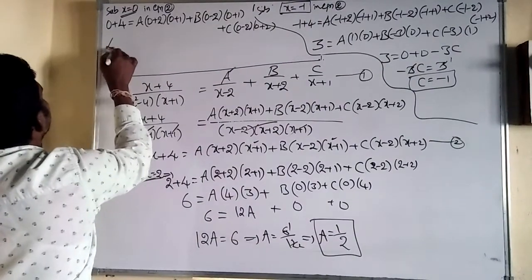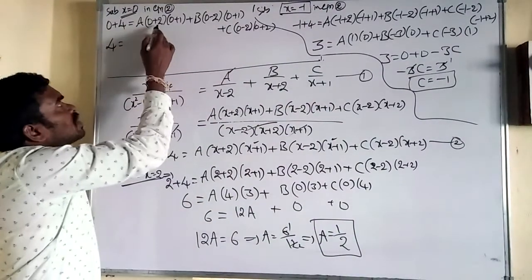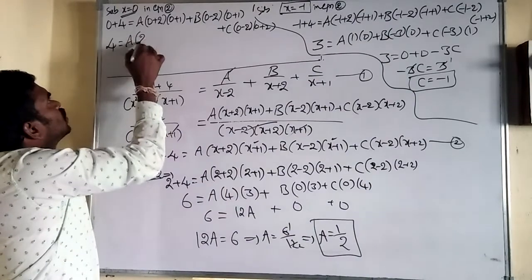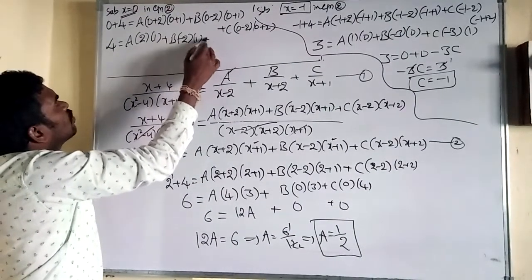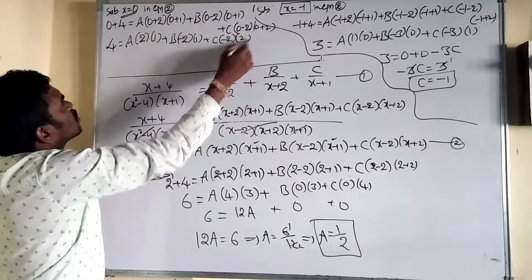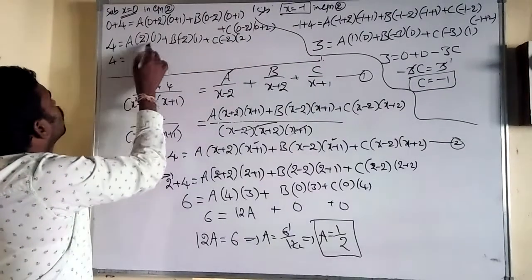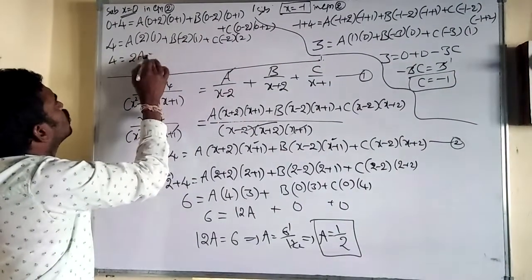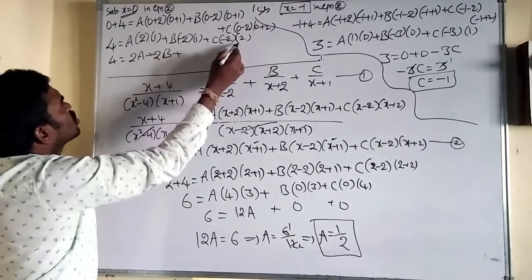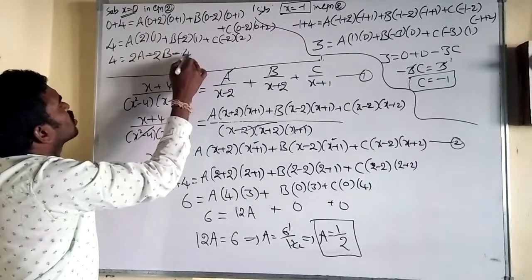Okay, 0 plus 4 means 4 equals a into 2 into 1, plus b into minus 2 into 1, plus c into minus 2 into 2. So 4 equals 2a plus minus 2 into 1 is minus 2b, plus minus 2 into 2 is minus 4c.